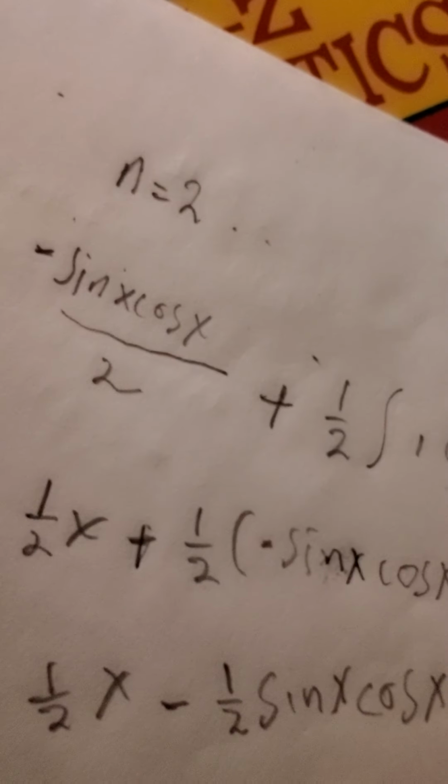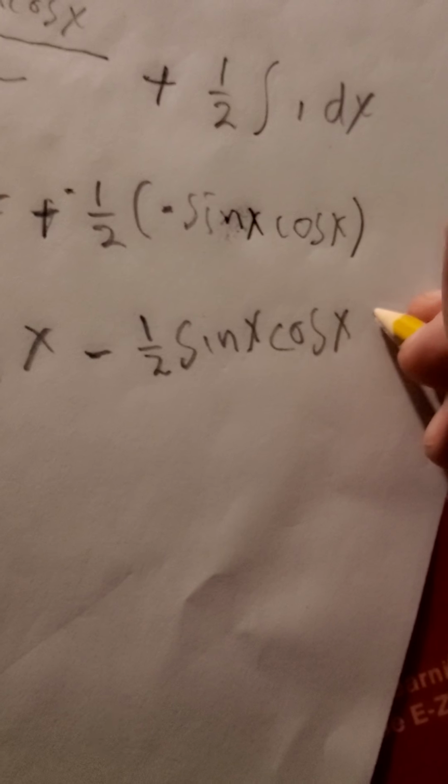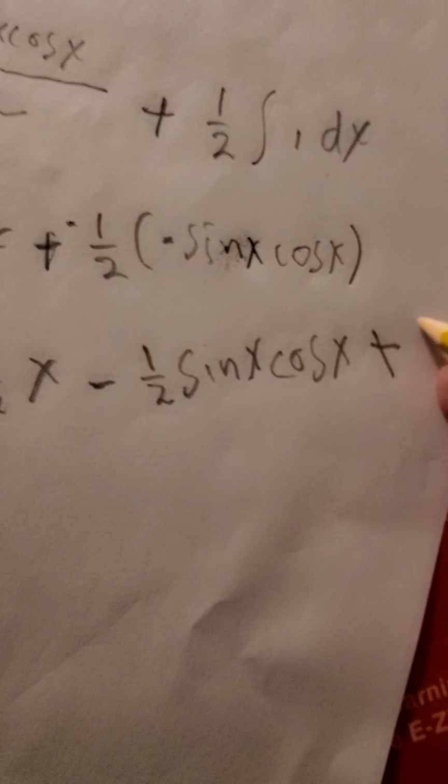And I integrated straightforward, and I came up with my answer as 1/2 x minus 1/2 sine x cosine x. And then I used the reduction formula, and I came up with my answer as 1/2 x minus 1/2 sine x cosine x.